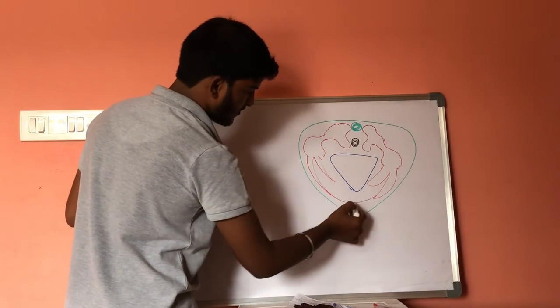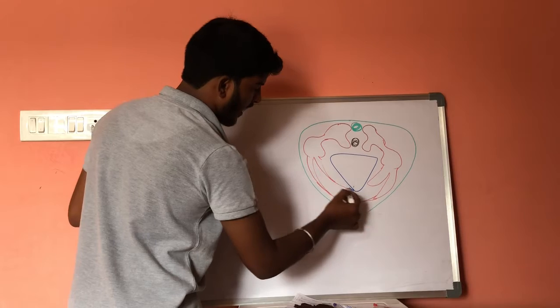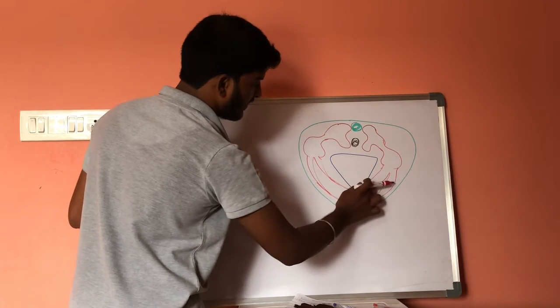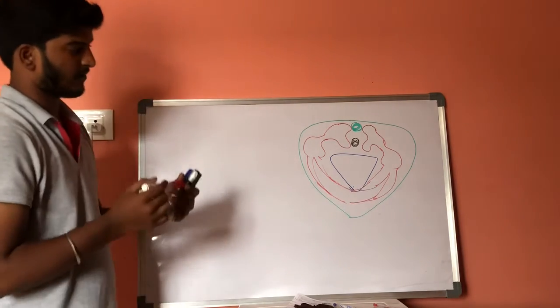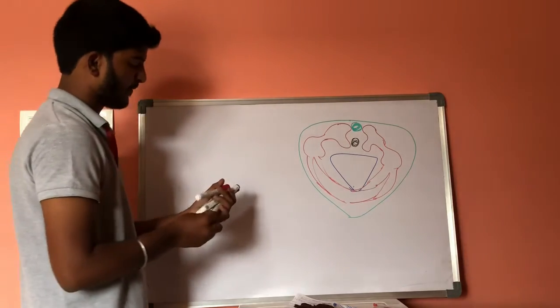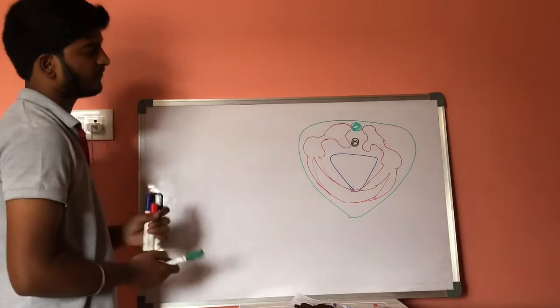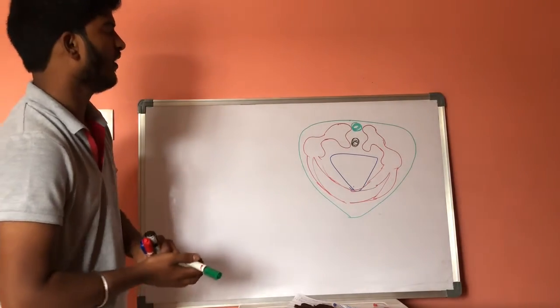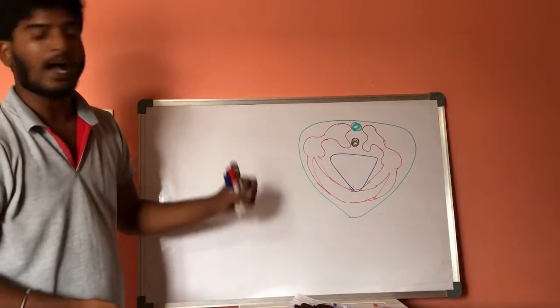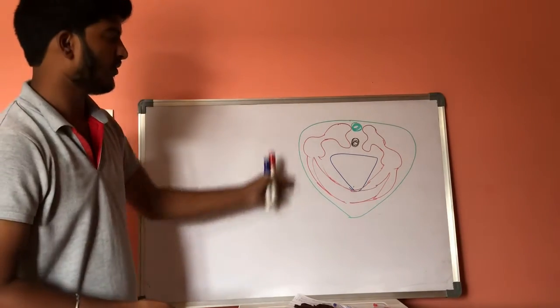These are the somatic mesoderms, and these are the splanchnic mesoderms. Now, from where do the arms develop? This is the thorax.